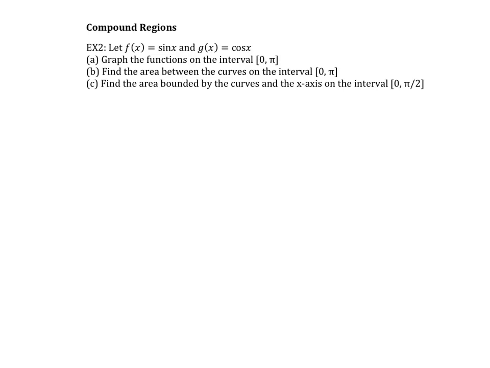Sometimes we're going to have to break up our graph into more than one integral when we're finding areas. In example 2, I have a function sine and a function cosine. So if I were to graph these functions on the interval from 0 to pi, let's look at this.